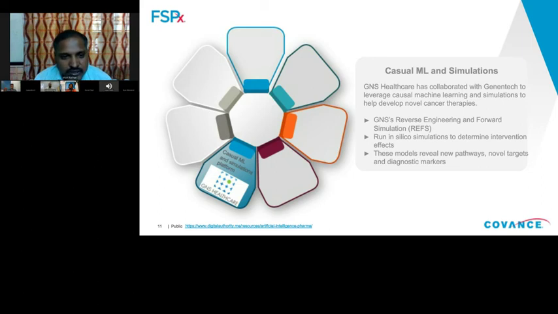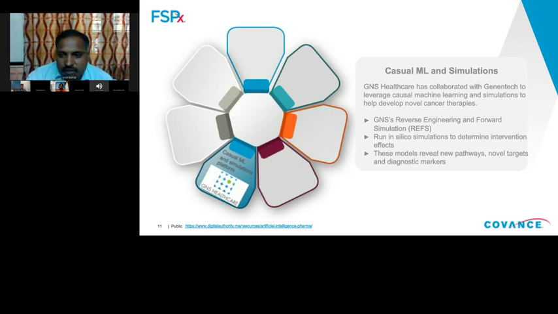With this technology, they are able to feed large and diverse patient data into computers and create simulations. By using these multiple simulations, they are able to find new pathways and maybe new targets, medicines and markers to treat the patients.